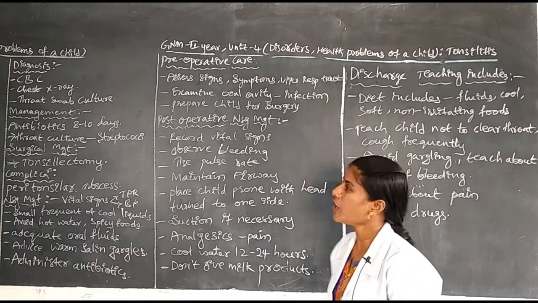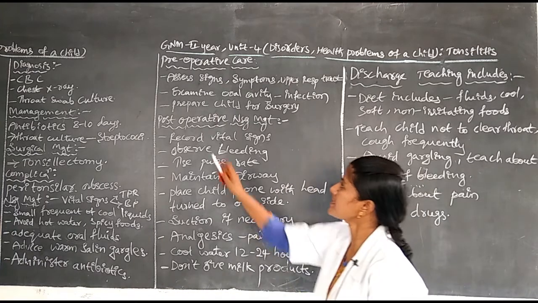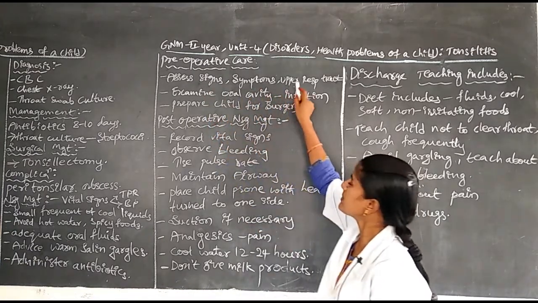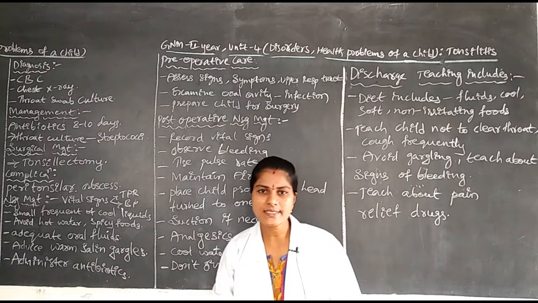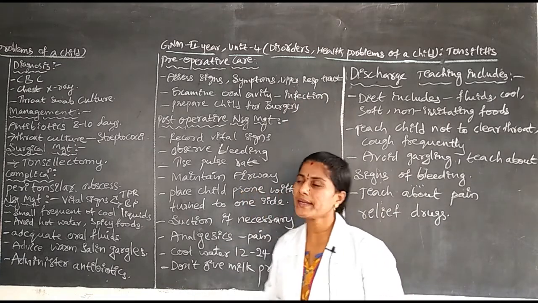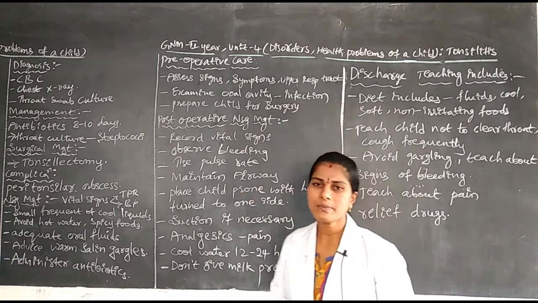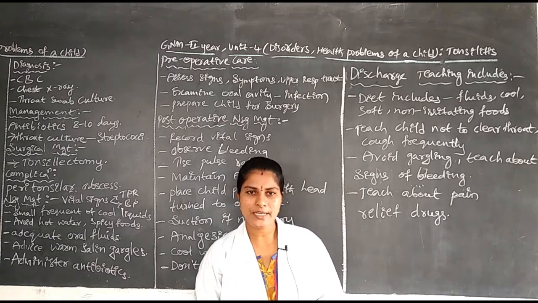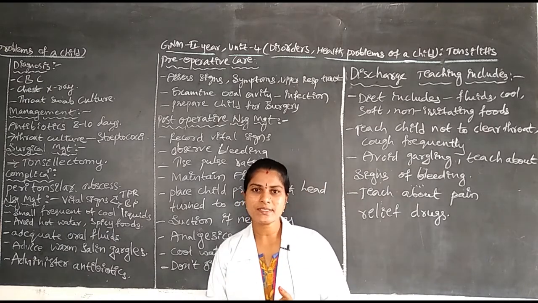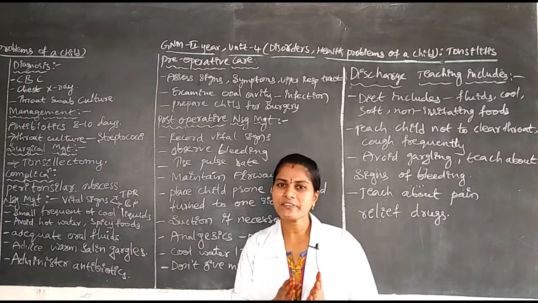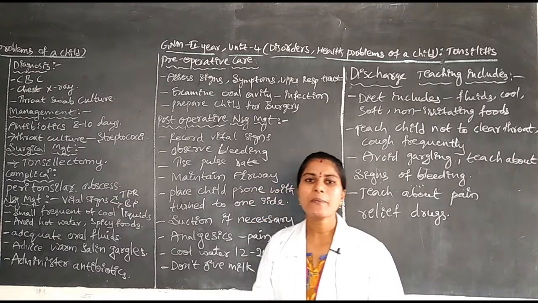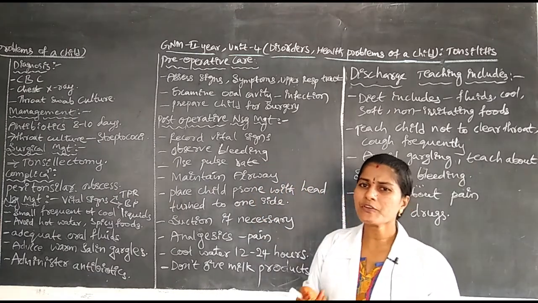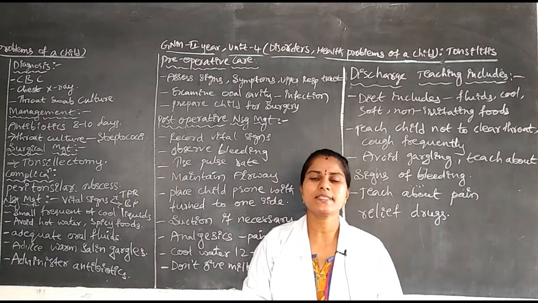In the pre-operative phase we have to assess some signs and symptoms, like any problem in the upper respiratory tract. That will be identified and recorded in the pre-operative phase. Pre-operative phase is nothing but before surgery.